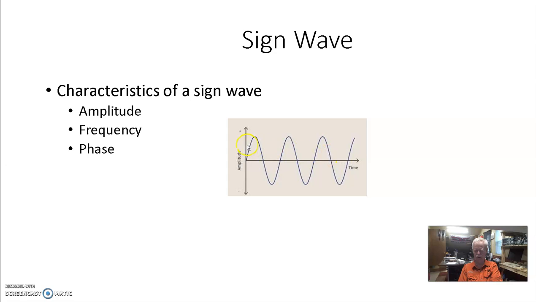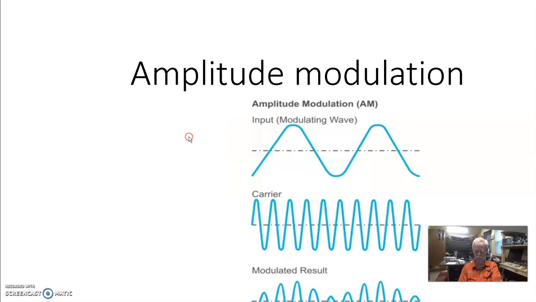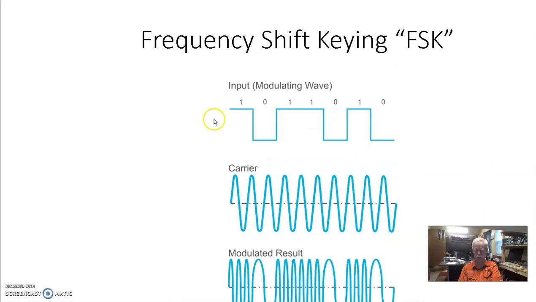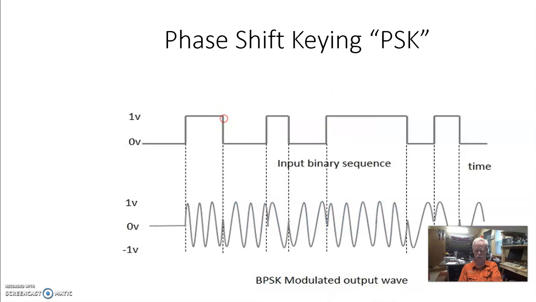But when we send digital signals, for example, this modulating wave is DC. So to make radios respond to DC, we have to do something different, and that is we either change its amplitude, its frequency, or its phase.